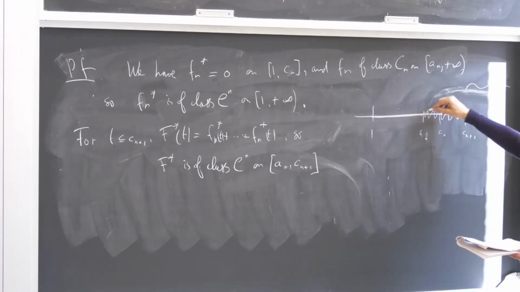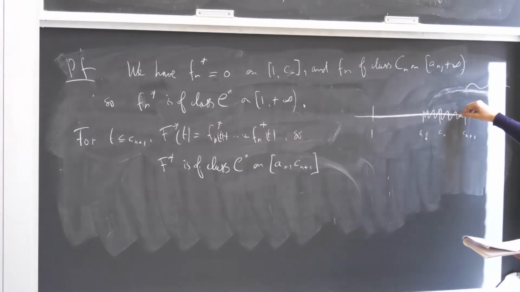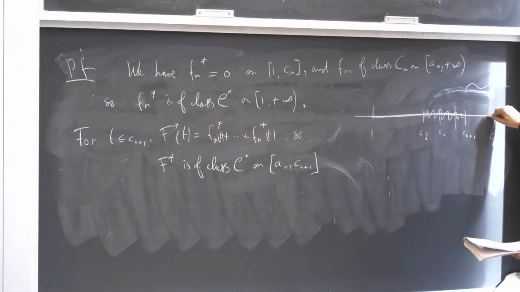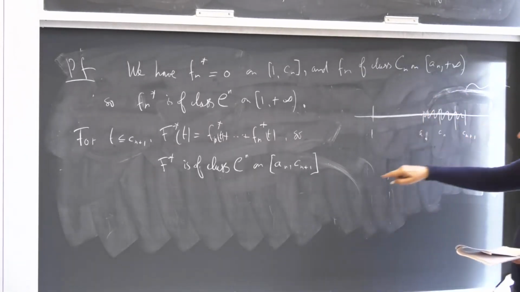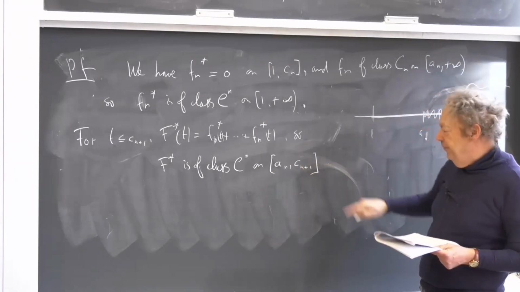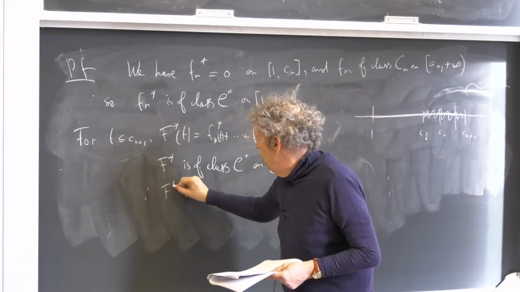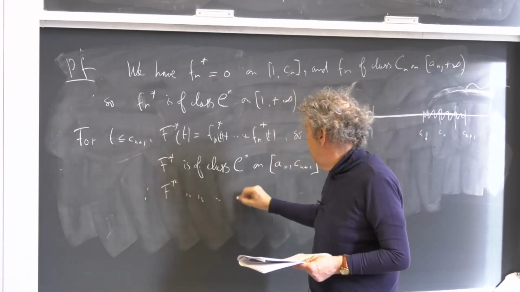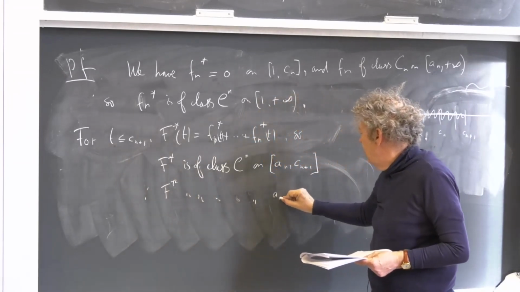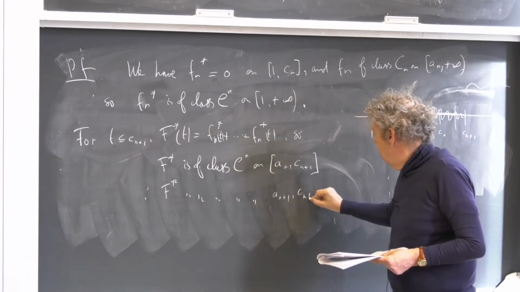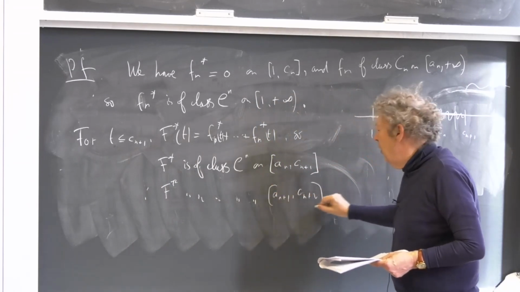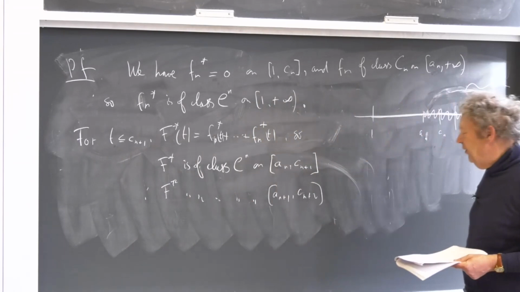An plus 1 could be either here or there, but you get bigger and bigger intervals. Therefore f star, for the same reason, is of class Cn on An plus 1, etc. Well, it's actually of class Cn plus 1 on that.